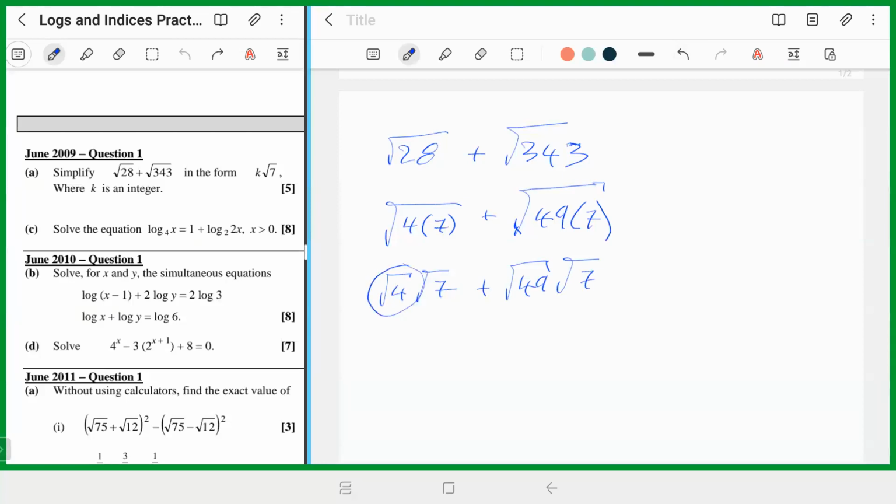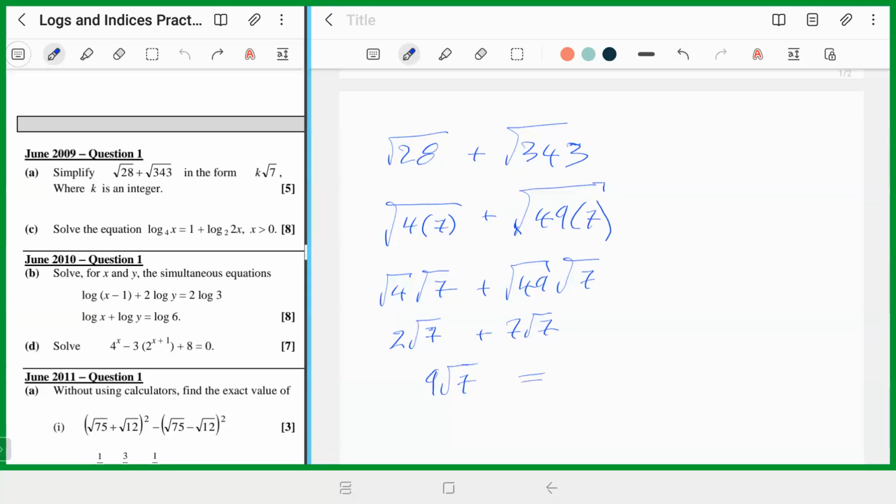The square root of the 4 right here is 2, so it becomes 2 root 7 plus the square root of the 49 is 7, so 7 root 7. Then 2 and 7 is 9, so we get 9 root 7.